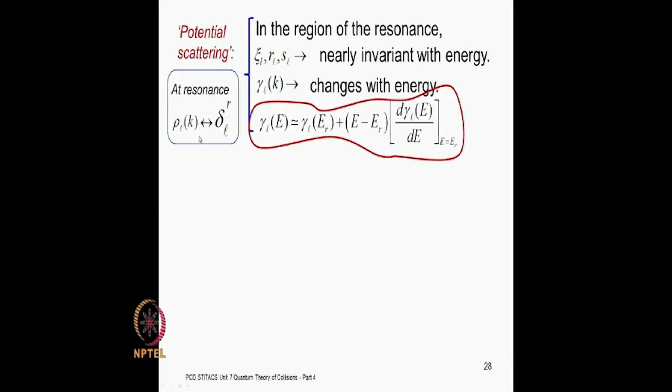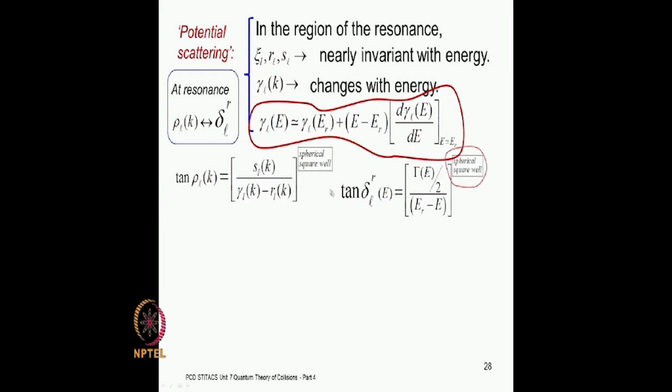You do know that the remaining part of the phase shift, other than the background phase shift rho, has a specific notation in our analysis, which is delta superscript R. We know that this expression holds good for the square well potential, and for the square well potential the tangent of this phase shift you can write in terms of S, R and gamma, and equivalently in terms of gamma over the energy difference.